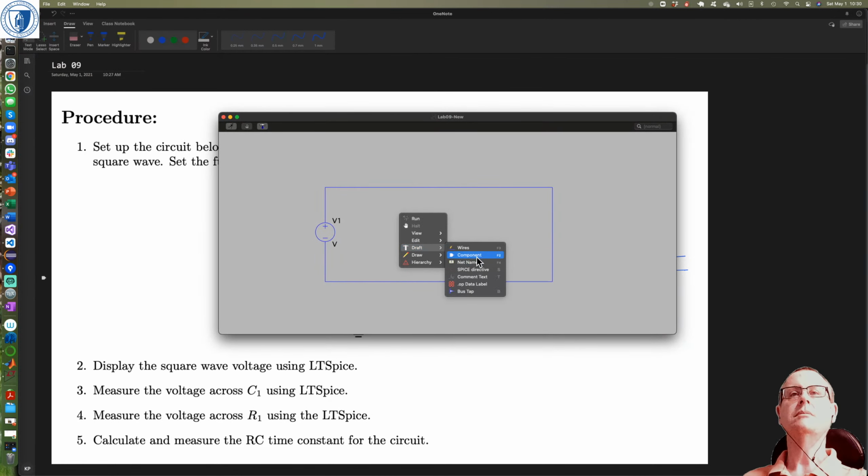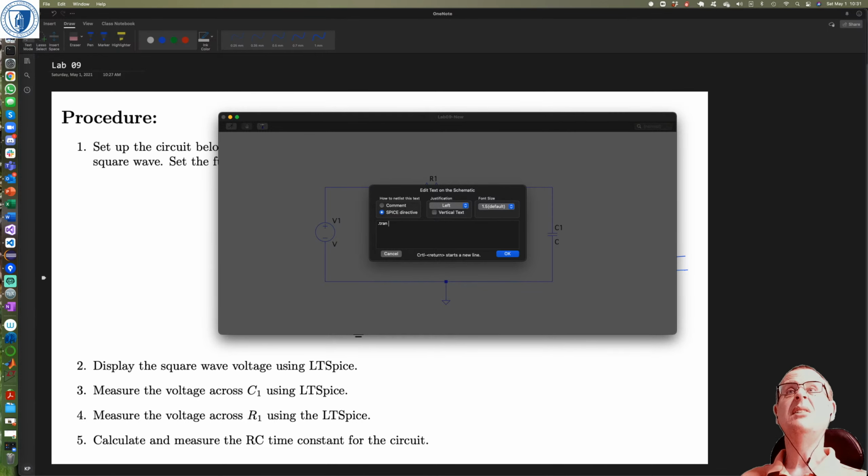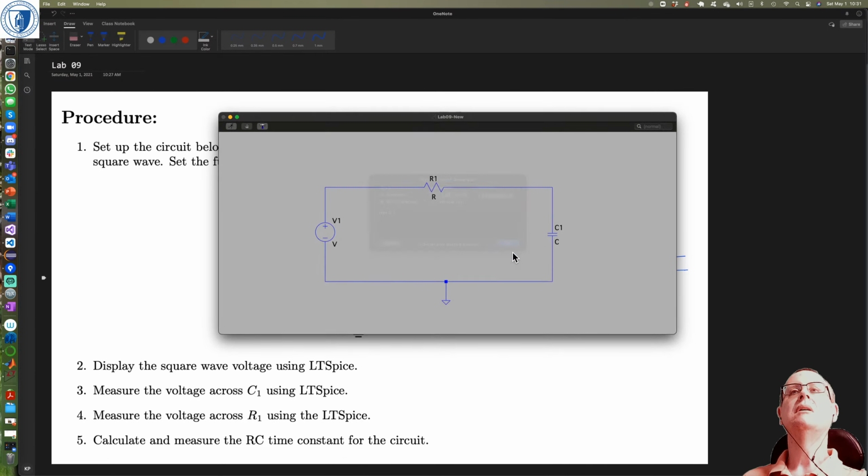We need a ground, and we need to connect the ground up. And we probably want a SPICE directive. I don't know, dot tran 0 1 maybe. And let's have a look at how we set it up.